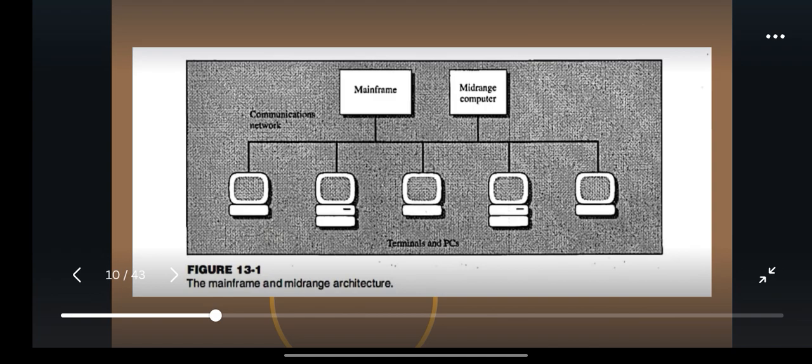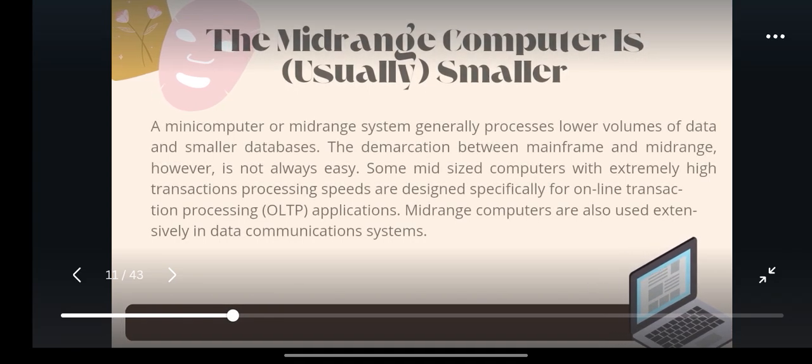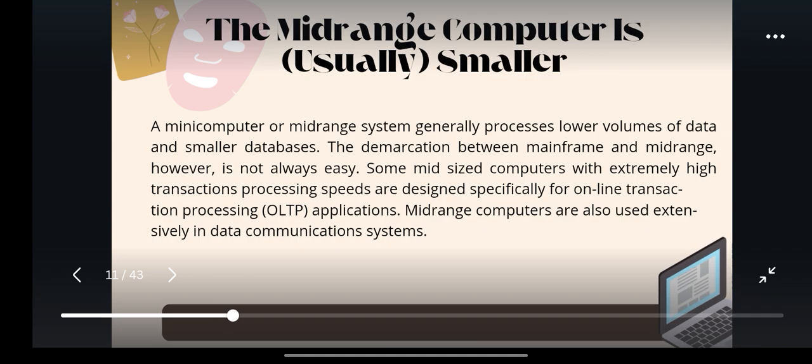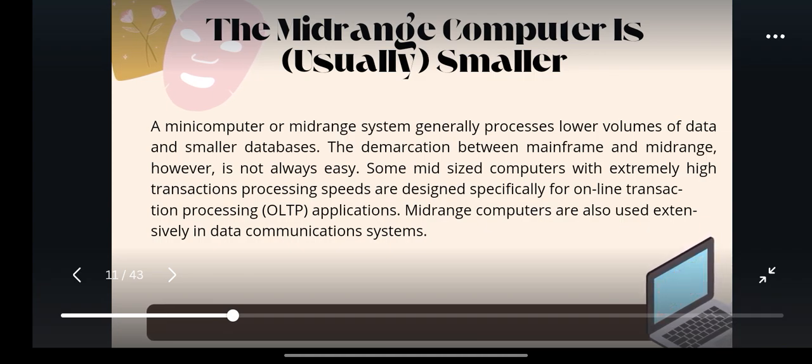So here's the figure of the mainframe and mid-range architecture. So, the mid-range computer is usually smaller. A minicomputer or mid-range system generally processes lower volumes of data and smaller databases.